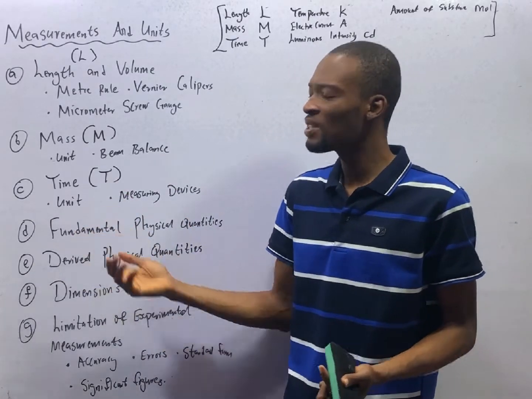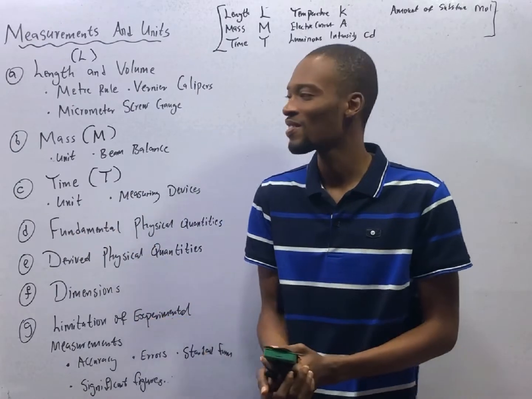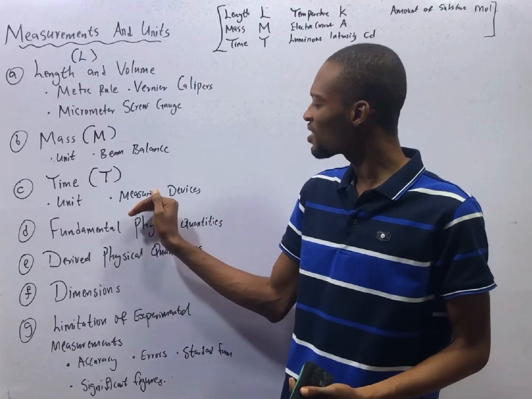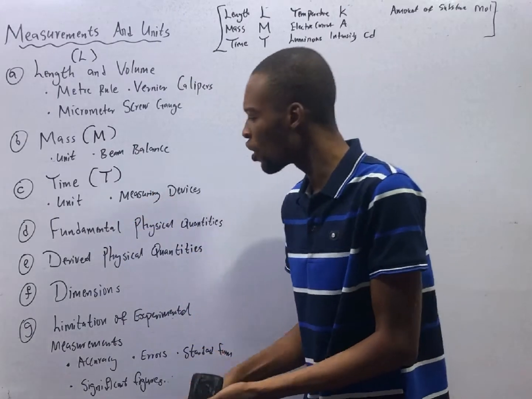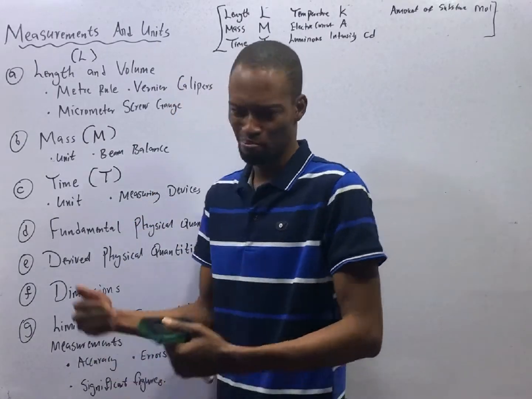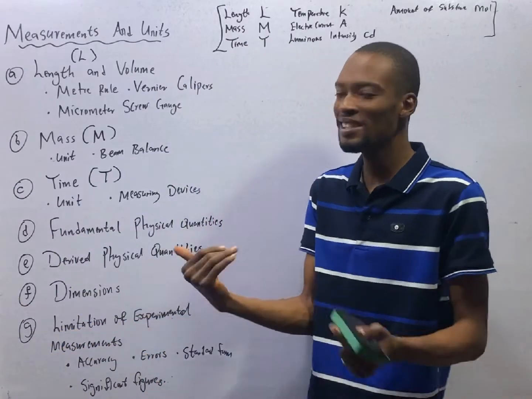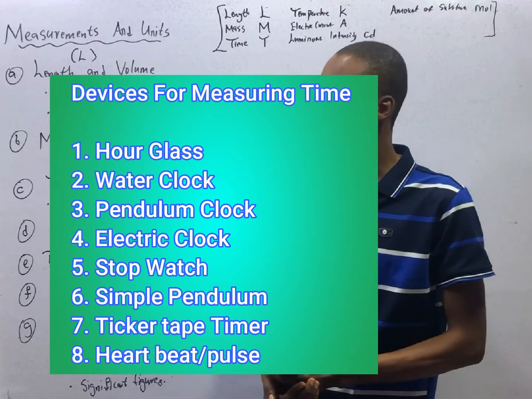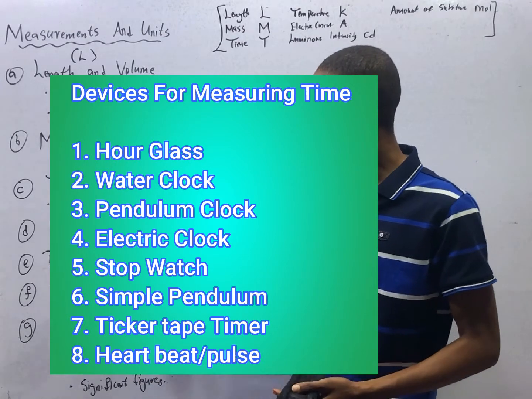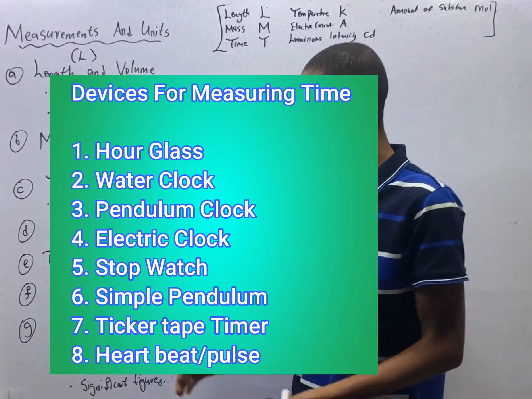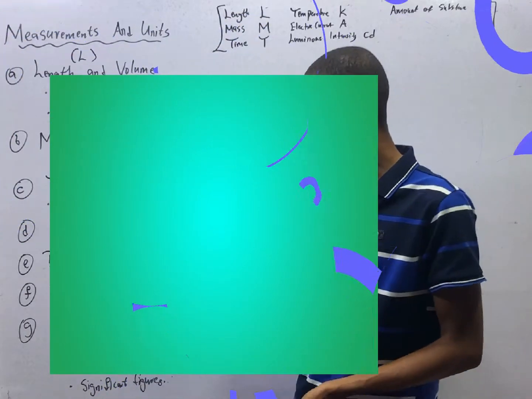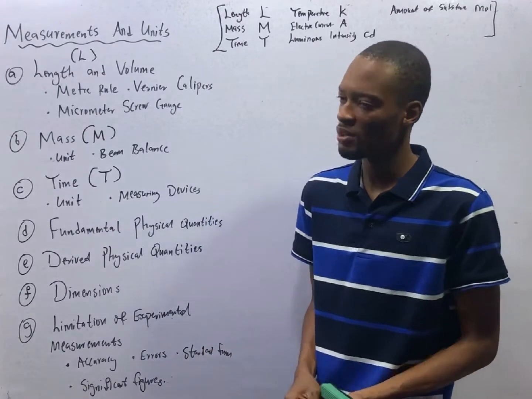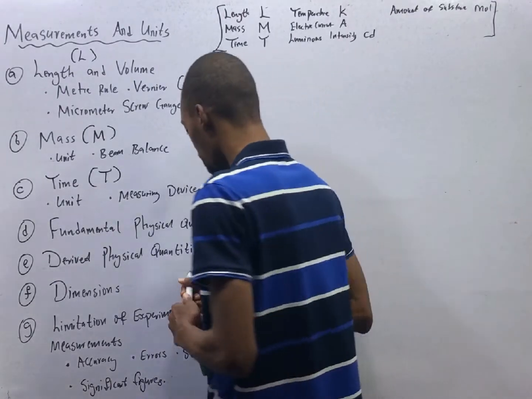The unit of time is measured in seconds, milliseconds, or other smaller units, while the measuring devices for time are the stopwatch, stop clock, pendulum, and so many devices like we use at home and around. Then we talked about fundamental and derived quantities, dimensions, accuracy, errors, standard form, and significant figures, which will come under questions. But let's see something.